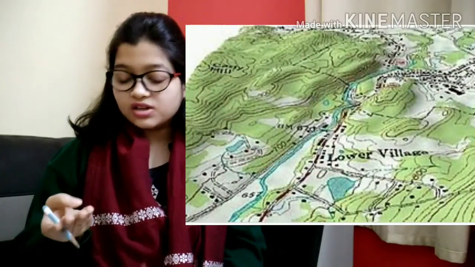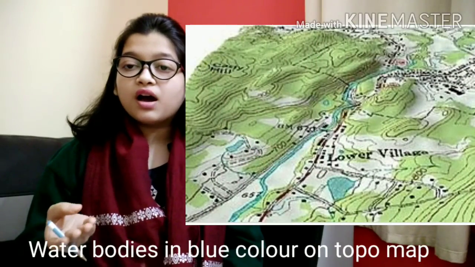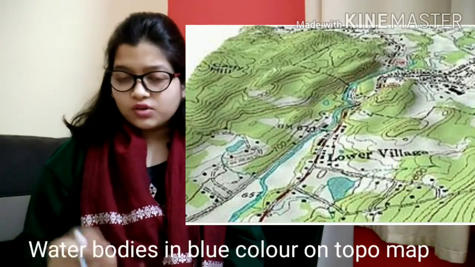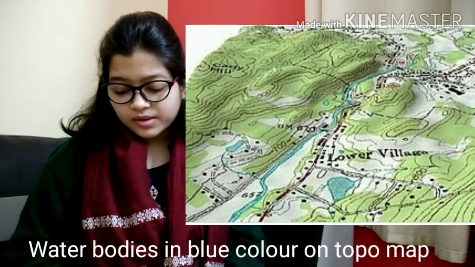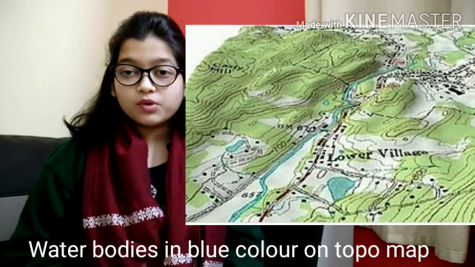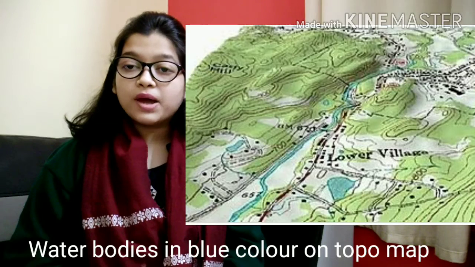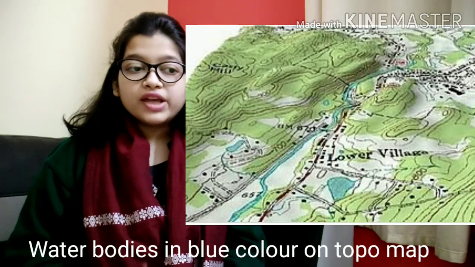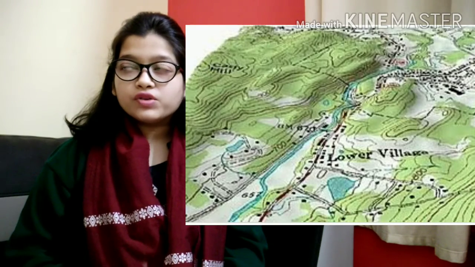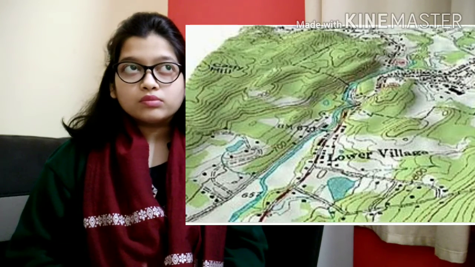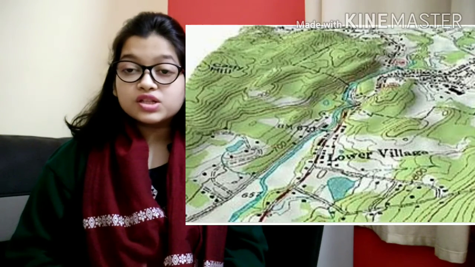If we use the color blue, then it shows a water body in a map. It could be a lake, a river, a pond, anything. So all water bodies are shown in a topo map by using the color blue. We cannot use red or brown instead of blue.